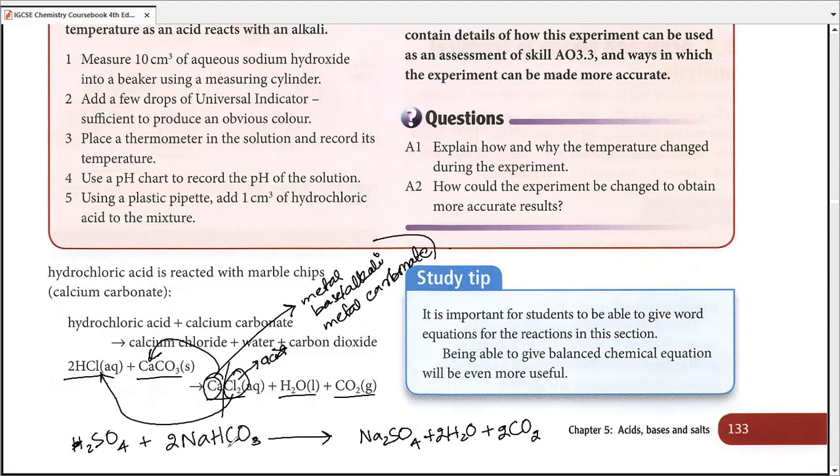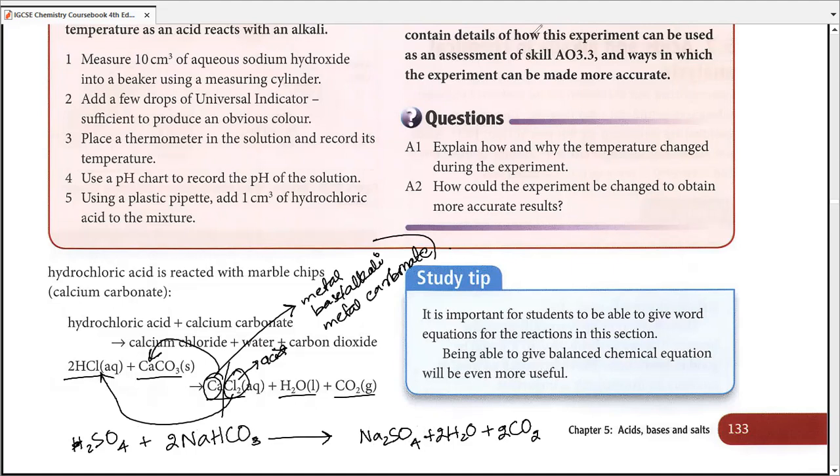The sodium part is actually coming from the hydrogen carbonate in this case. As this is an acid plus metal carbonate or hydrogen carbonate reaction, it's giving us three products: the salt, the water, the carbon dioxide. So there we have all three reactions.